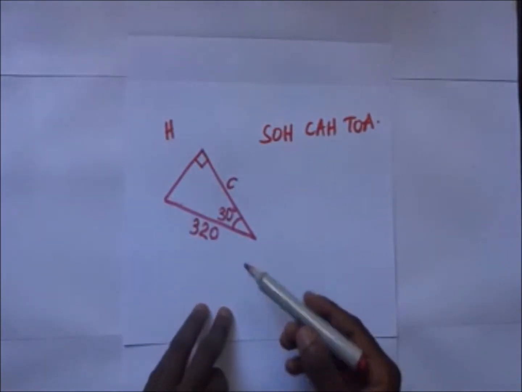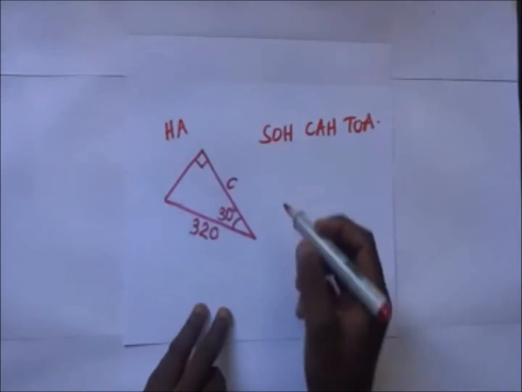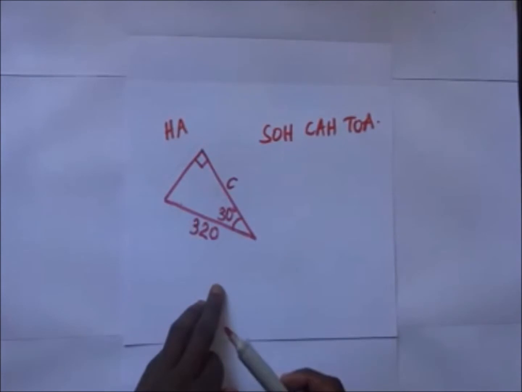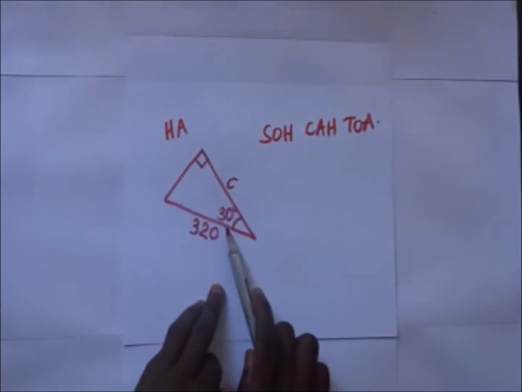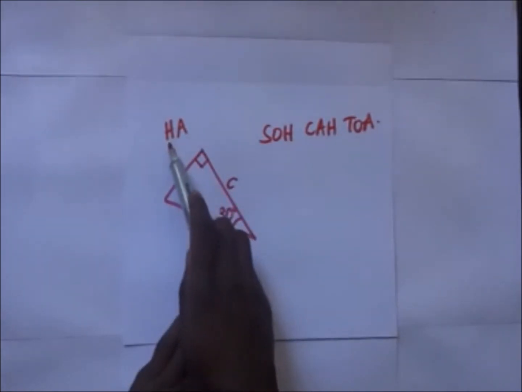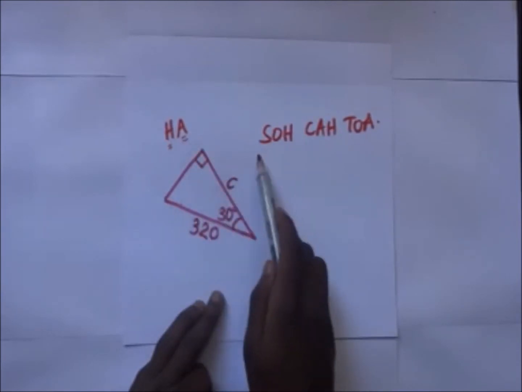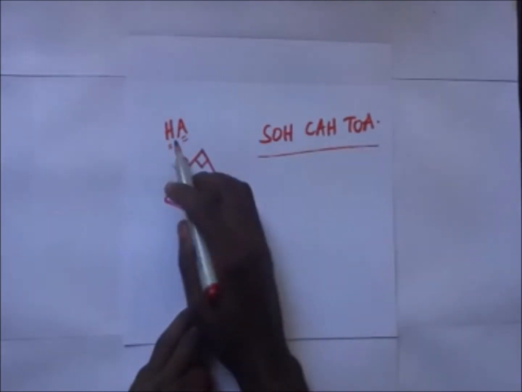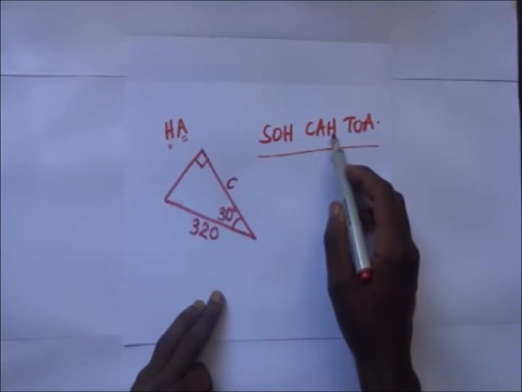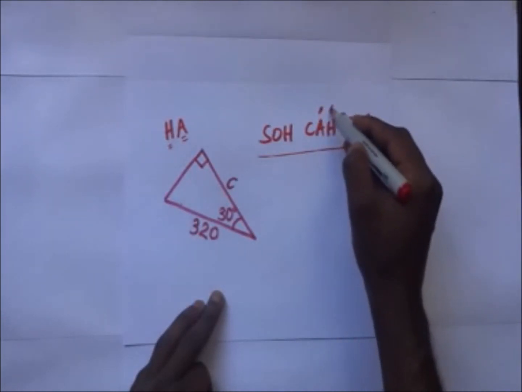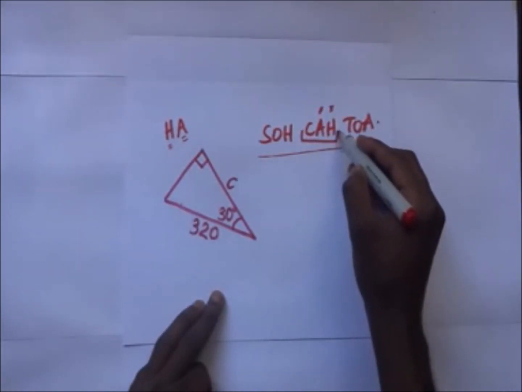So what can we use to find the value of C? We have the hypotenuse and the adjacent, so we are going to use cos.